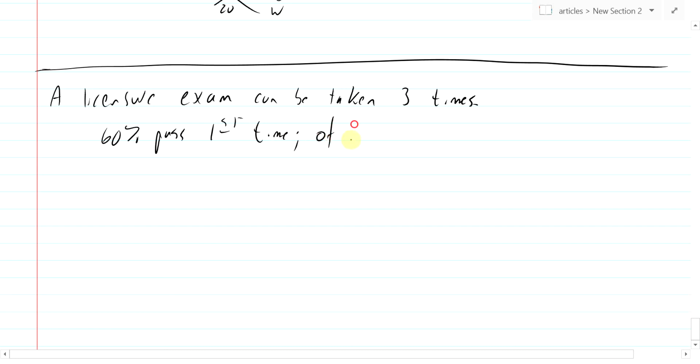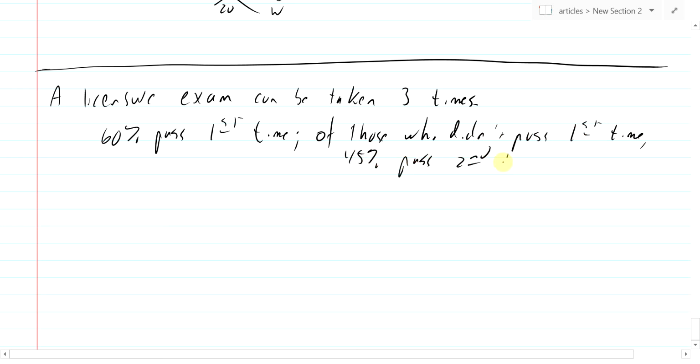Of those who didn't pass the first time, 45% pass the second time. And of those who have to take it a third time, 20% taking a third time passed.